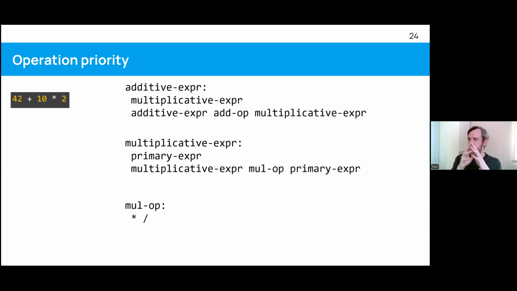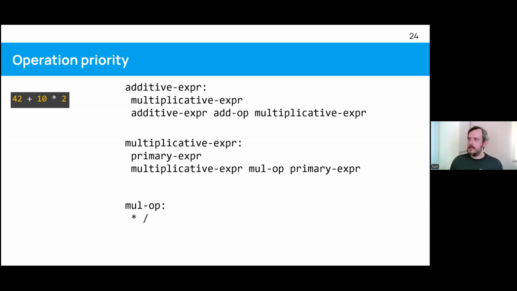Then this starting symbol branches into different non-terminals defined in terms of one another. And it ends at the leaves at terminals, which are not defined in terms of other symbols or productions.